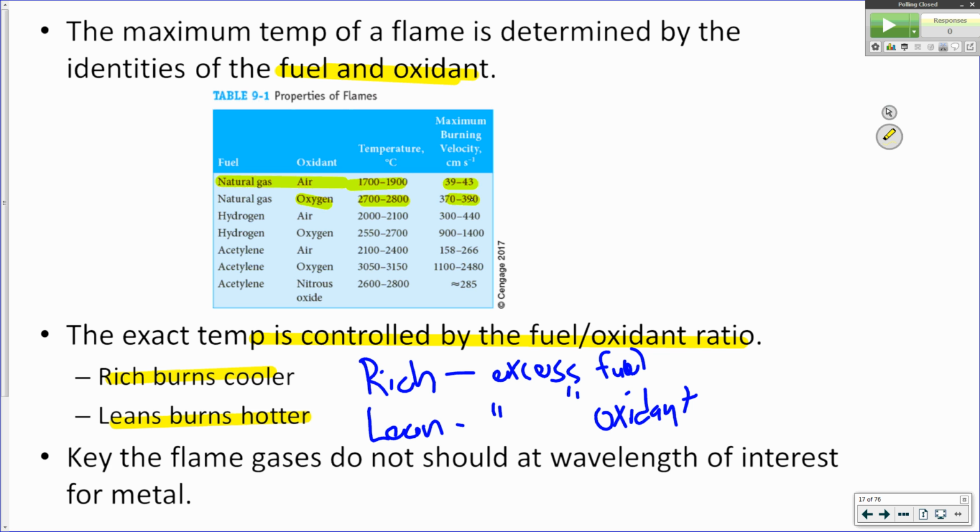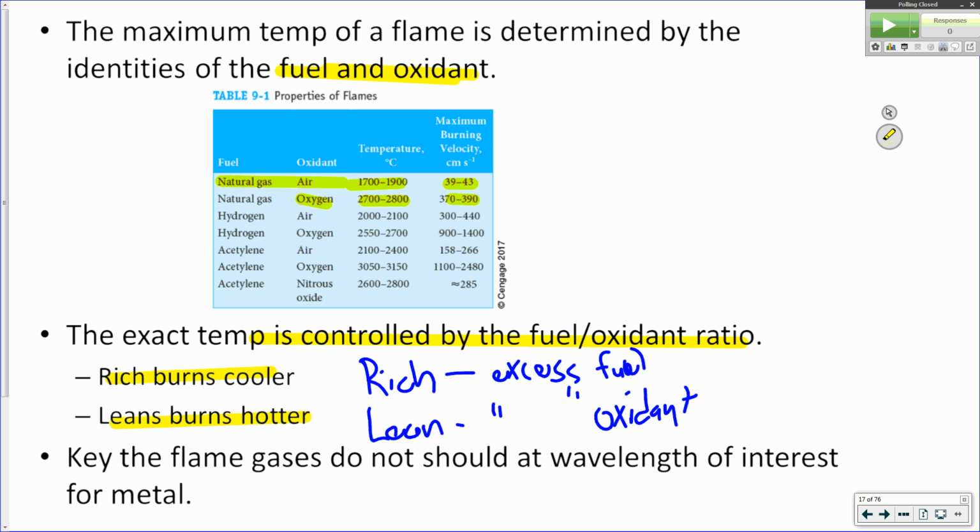And the big thing is that the burn velocity now increases by a factor of 10. So your flame's going to have a roar to it. When you start getting burn velocities exceeding 1,000 centimeters per second, you're in the explosive range. So that's something we have to be careful of with our instruments as well.